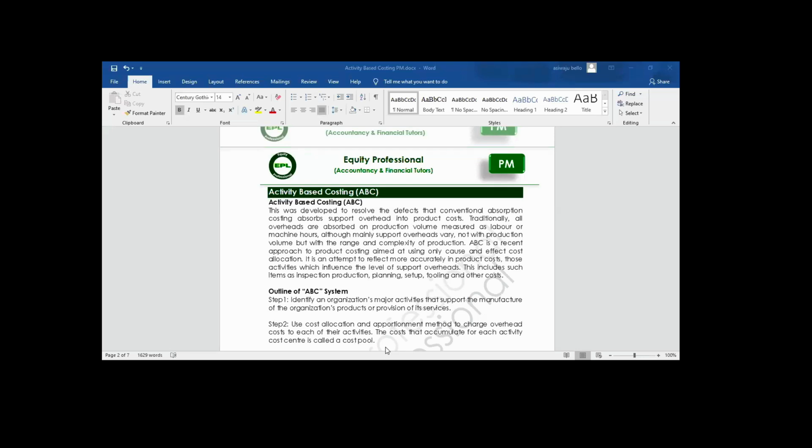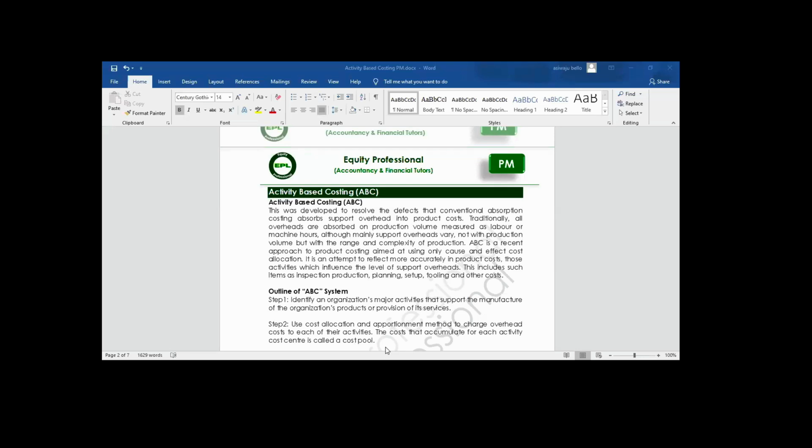Under the traditional absorption volume-based method, overhead cost is absorbed using a single factor.